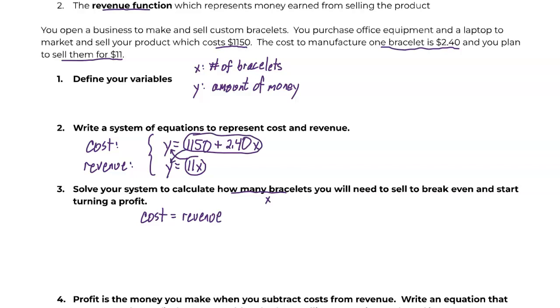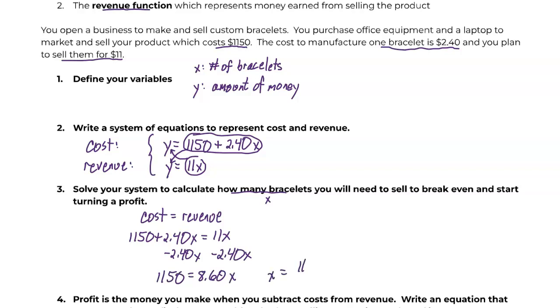Okay, because I wrote the word cost first, I'm going to put 1150 plus 2.40x on the left side of the equation. And then on the other side, I'm going to put the expression for revenue. Now solve this equation. First step, subtract 2.40x from both sides. 8.60x. And then divide by the 8.60.